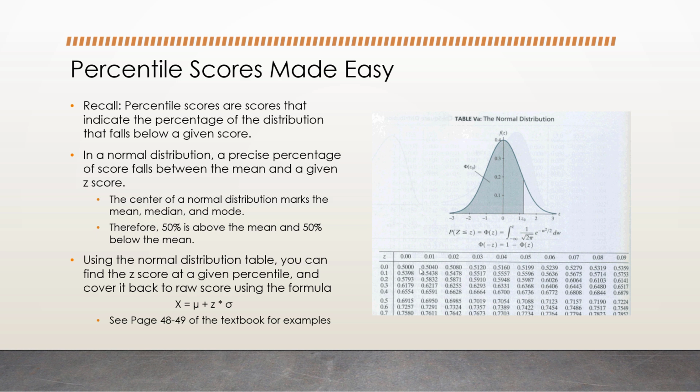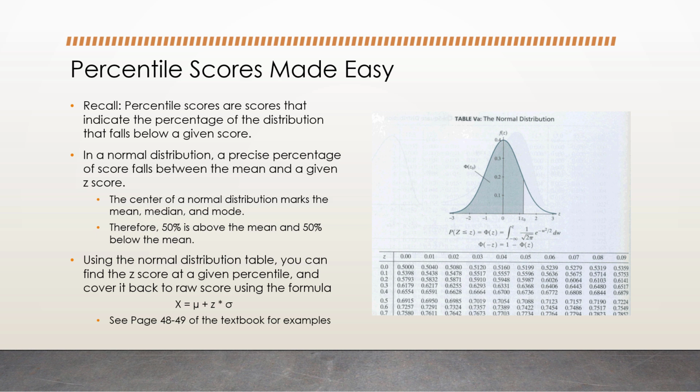I found this value in the normal distribution table by first locating 0.4 under the z column and then finding 0.05 in the top row to the right of z. The intersection of the 0.4 row and the 0.05 column gives the number 0.673.